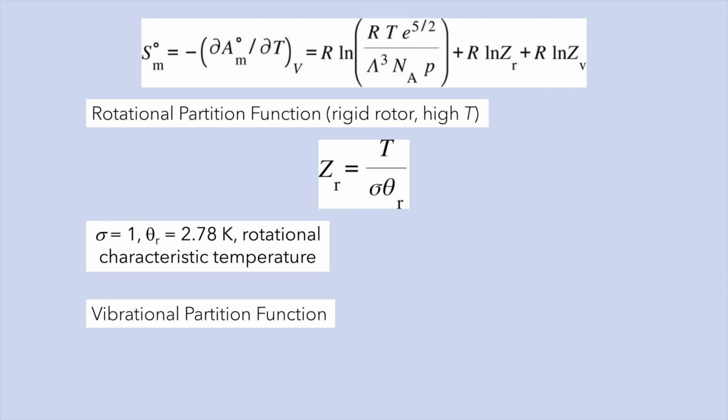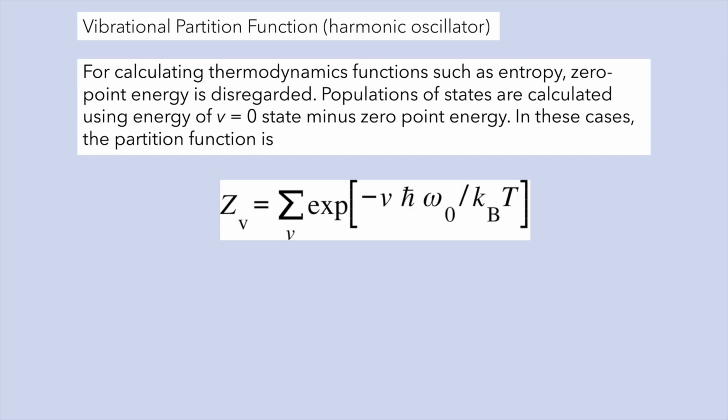What about the vibrational partition function? Well, we know our ideal vibrator is the harmonic oscillator. When we want to use the partition function to calculate the entropy, we're going to set the zero of energy as the energy of the v equals 0 state. That is, we do not take into account zero-point energy for these thermodynamic calculations.